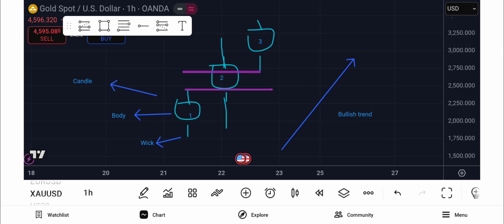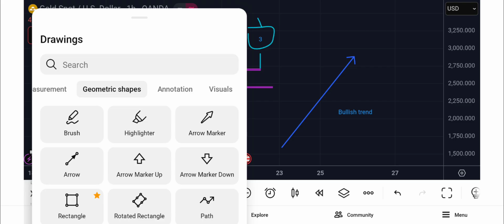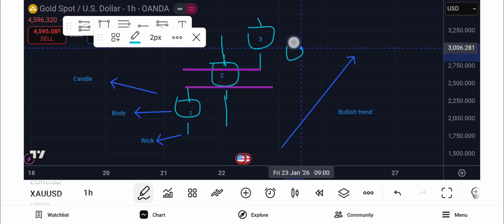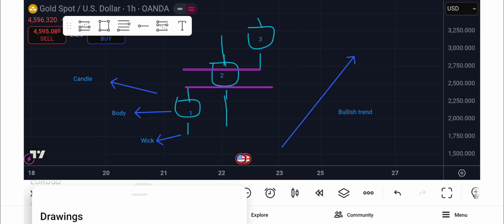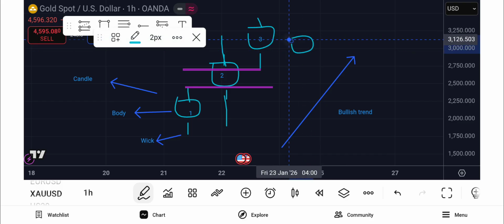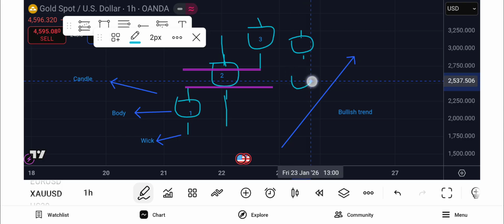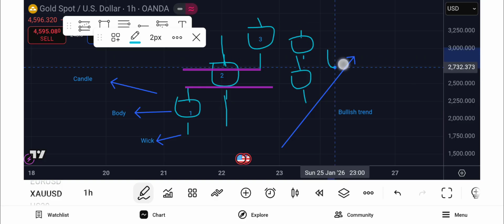Anyway, so if it's a bullish trend going up, right, what you would do is you would basically wait for price to come back into this fair value gap to enter and continue up.